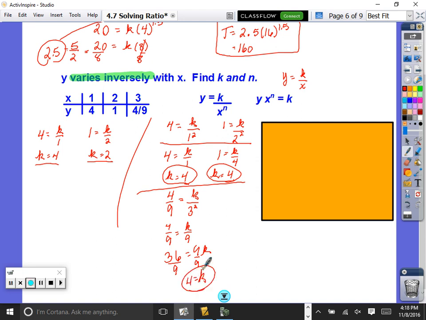So I did find a constant of variation every time where k was 4. So that means my equation would read y equals 4 divided by x squared, where k is 4 and my n, my power on my x, would have been 2.